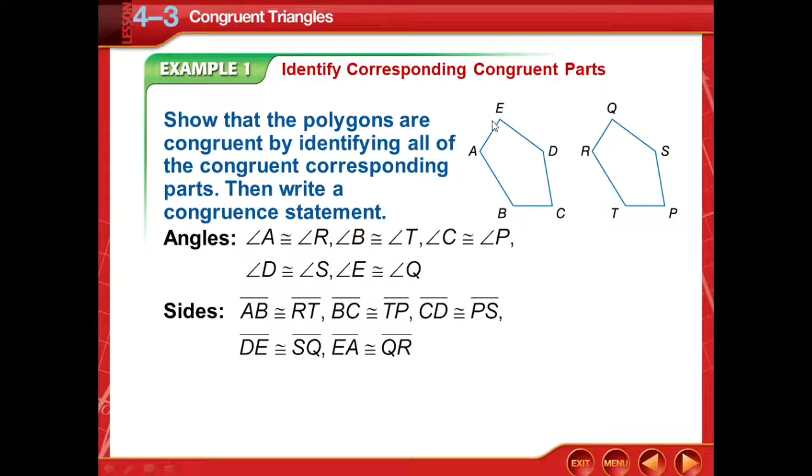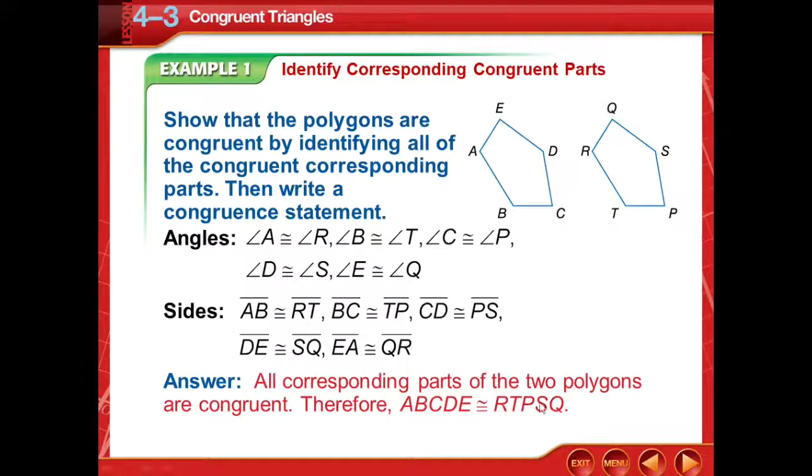And finally, segment EA is going to be congruent to segment QR. This allows us to write the congruency statement that pentagon ABCDE is congruent to RTPSQ. A and R match up, B and T match up, C and P match up, D and S match up, and E and Q match up.